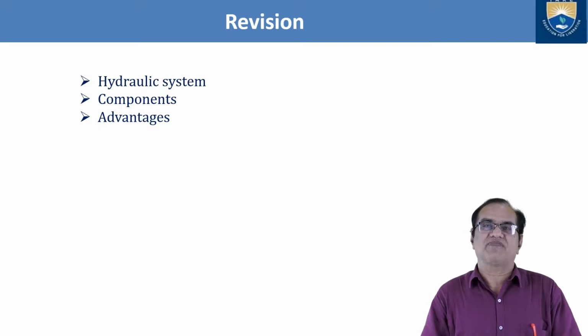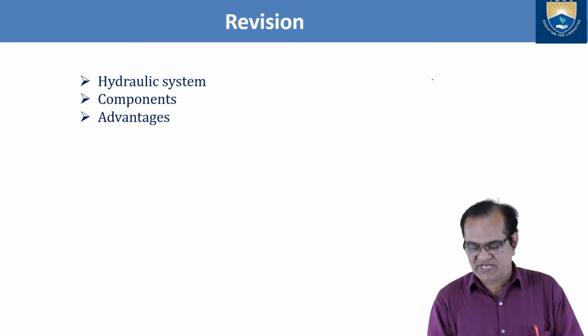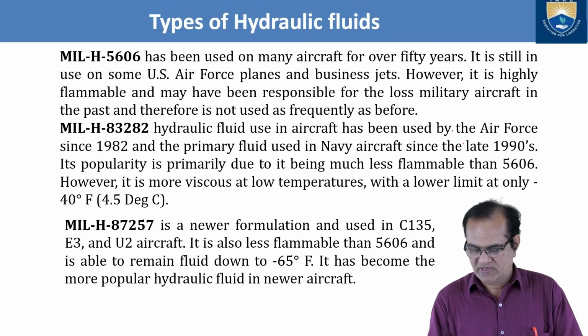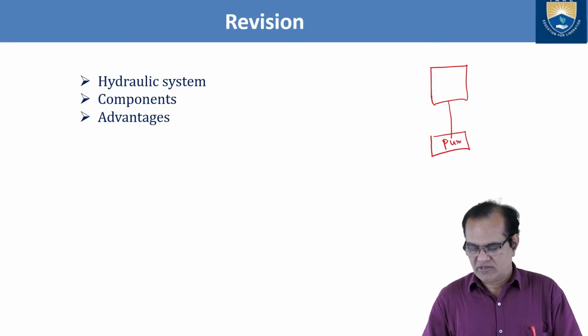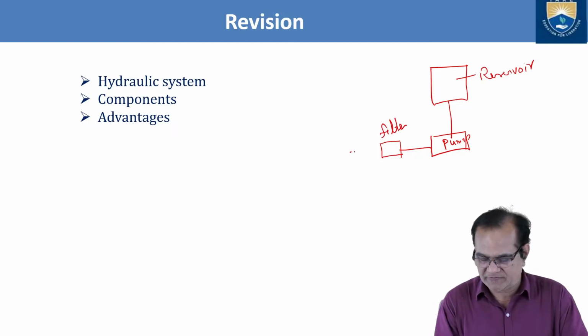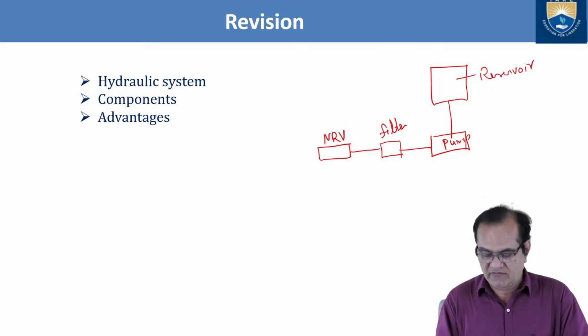Starting from the first one, this is the reservoir. From the reservoir, it will go to the pump. Then you have to go to the filter. After the filter, you will go to the NRV, the non-return valve.